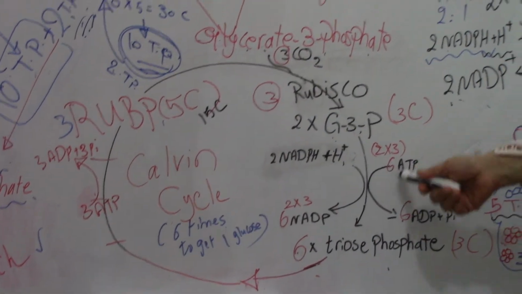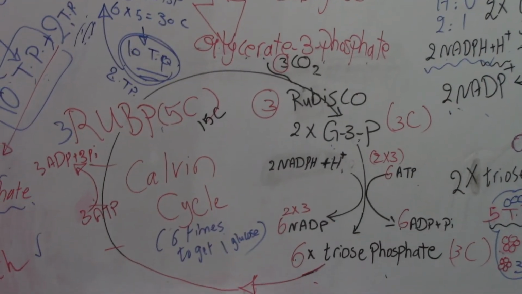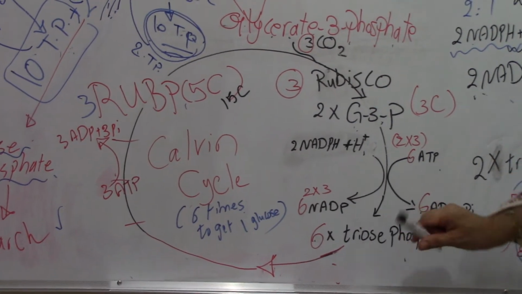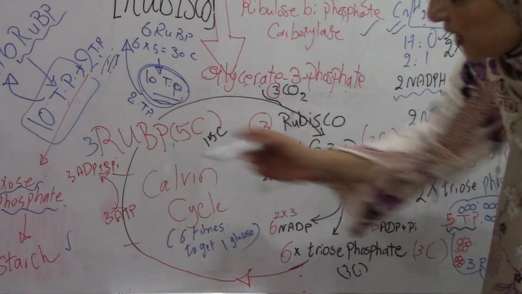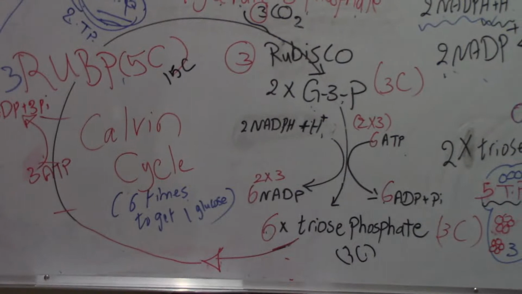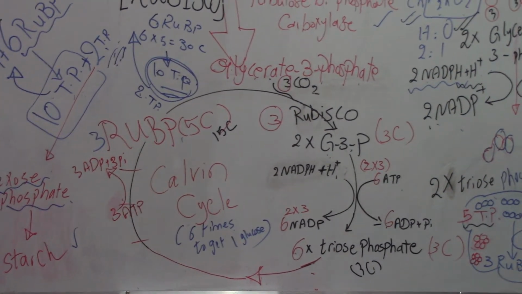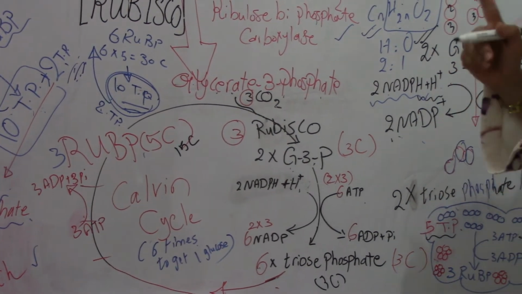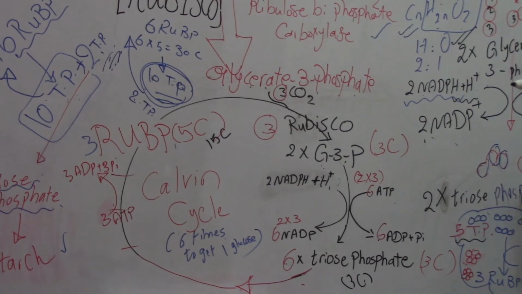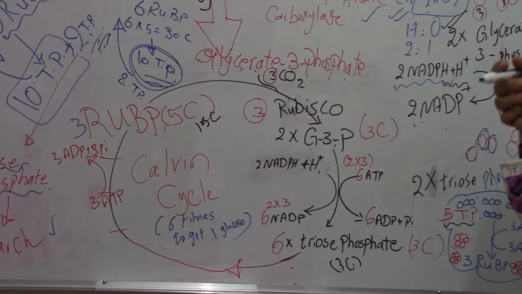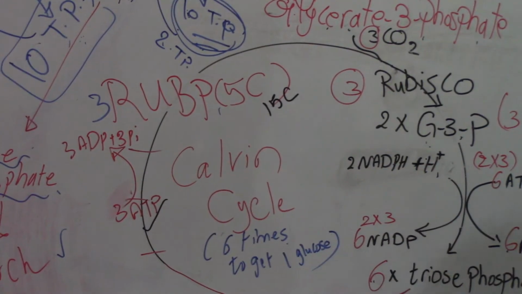They use ATP and reduced NADP to form triose phosphates. Triose phosphate is a 3-carbon sugar. In order to regenerate ribulose bisphosphate, 2 carbon atoms should be added. So we are going to use 2 more carbon dioxide molecules per each triose phosphate to regenerate ribulose bisphosphate, which is a 5-carbon sugar. This process also requires energy, which is supplied by the ATP.